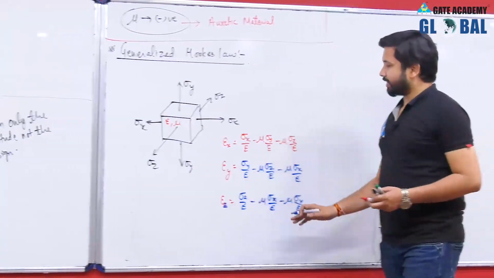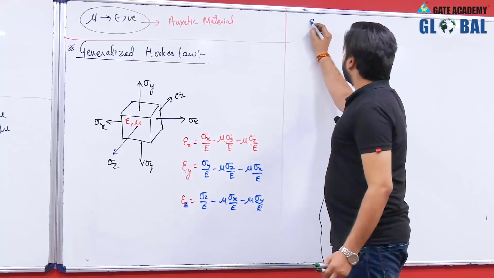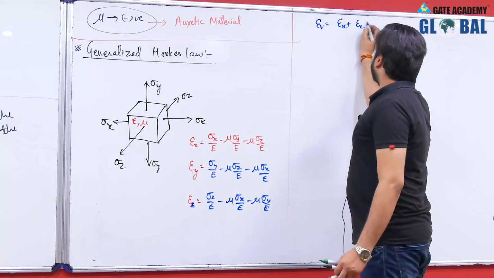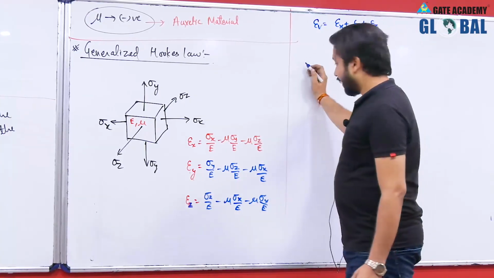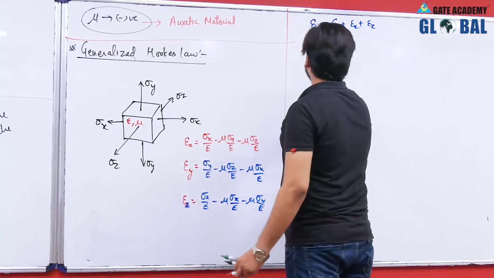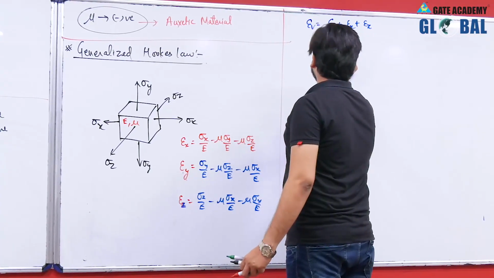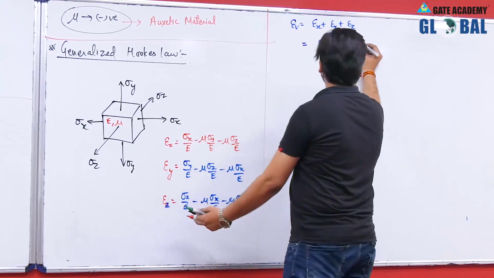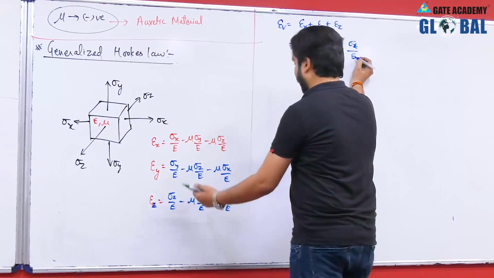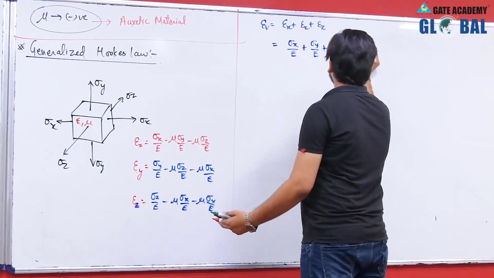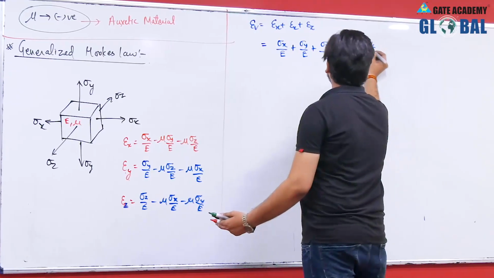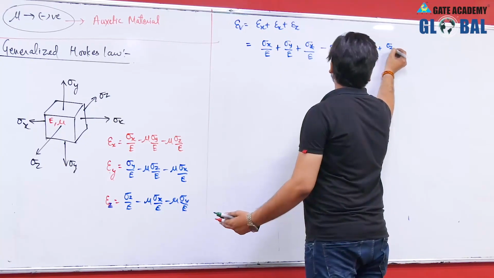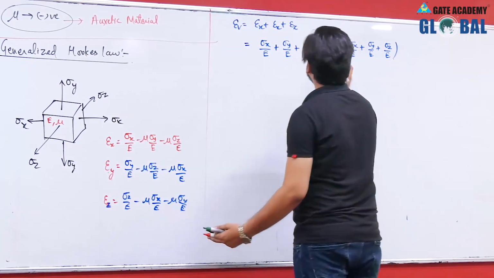This will be the strains along these three directions, and adding up these three strains will give us the volumetric strain. So, epsilon V, that is the volumetric strain, will be epsilon x plus epsilon y plus epsilon z. On adding up these equations, you will have sigma x by E plus sigma y by E plus sigma z by E, minus 2 mu into sigma x by E plus sigma y by E plus sigma z by E. So, you can take this as common.